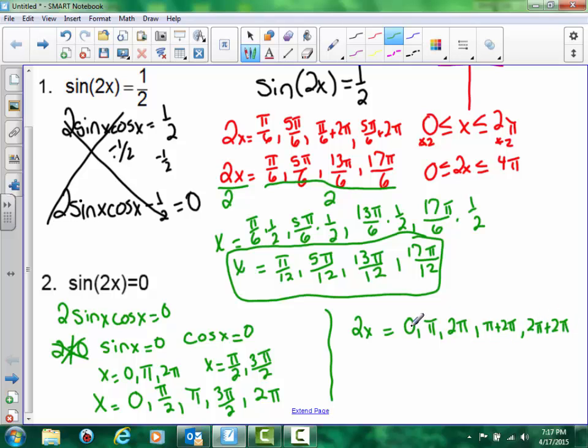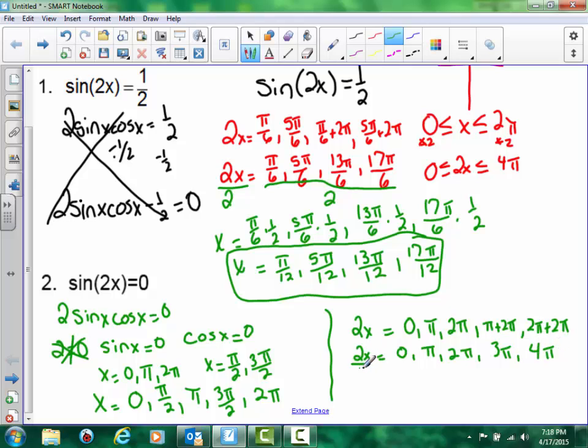And some of you might be asking, why don't you do 0 plus 2 pi? Well, that would bring us to 2 pi, so we already have that one accounted for. So simplifying that, 2x equals 0, pi, 2 pi, 3 pi, and 4 pi.